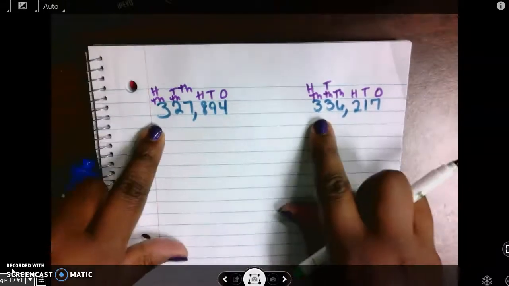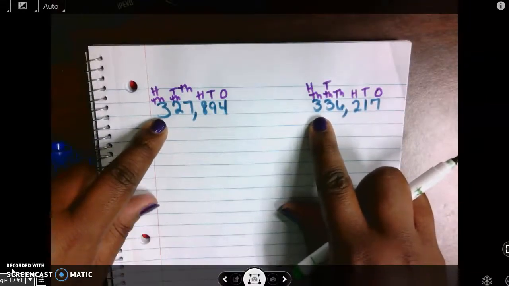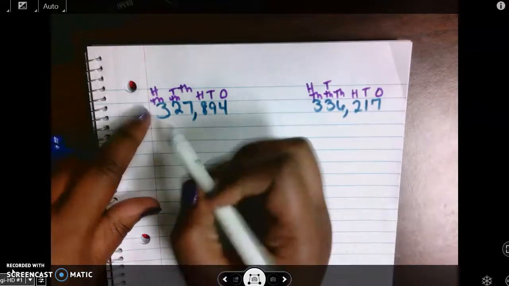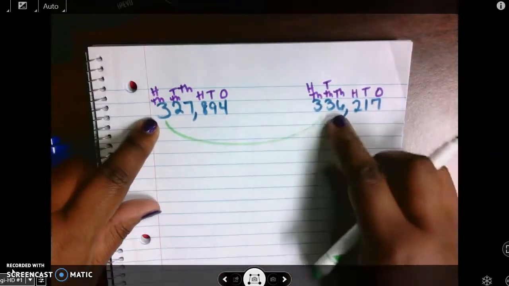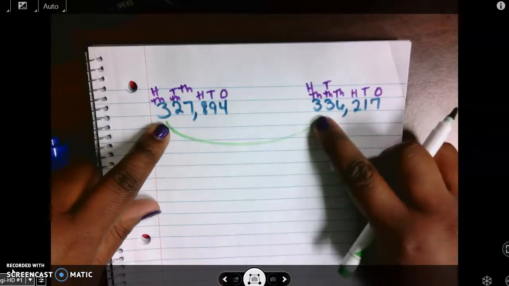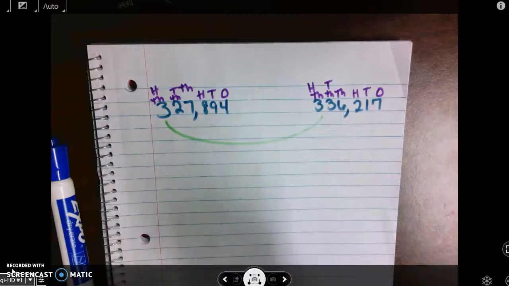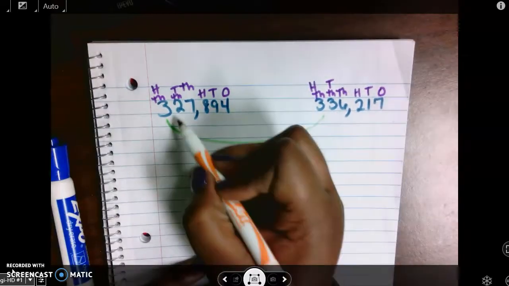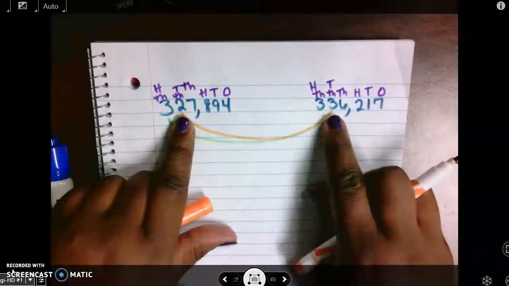All right, so instead of me drawing a place value chart, I'm going to just compare going across. Now, I start at my greatest place value, which is my 100,000s place, and it helps to label your place value. So now I'm going to go until I can get to two different numbers. So here in my 100,000s place, I have a 3. So I'm going to go to my next place. In my 10,000s place, I have a 2 and I have a 3. So now I have two different numbers.